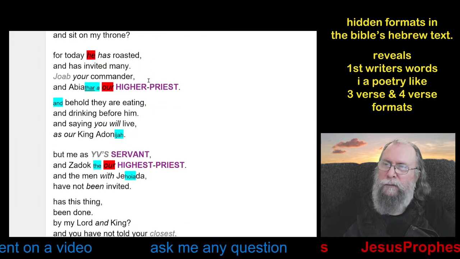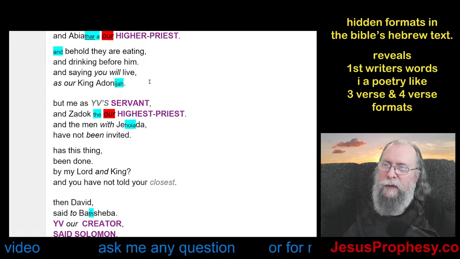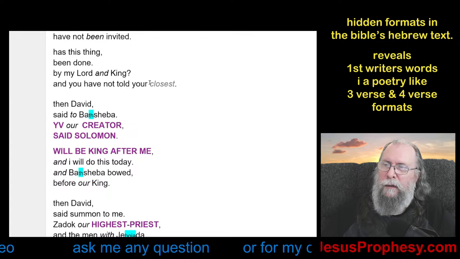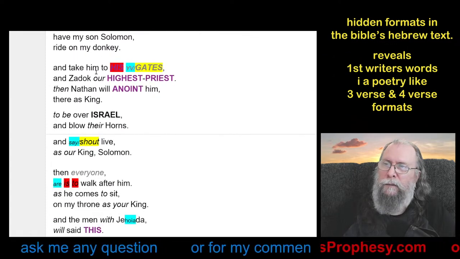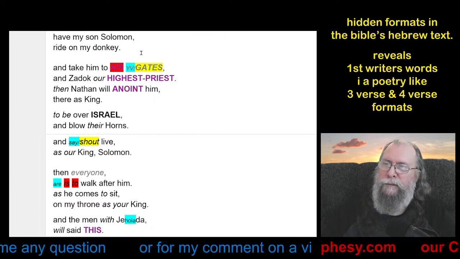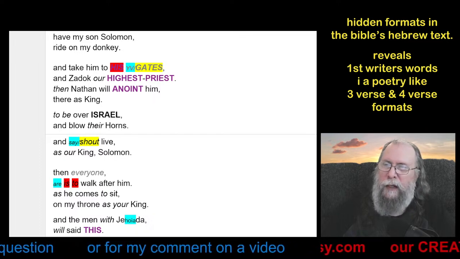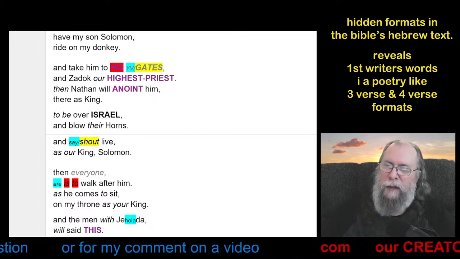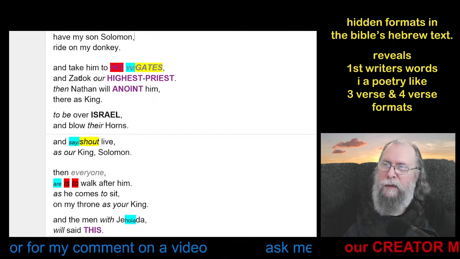So David died of old age. He needed a place, not his name. This would be done at the gates. Nothing is done on the inside. Here's the highest priest.